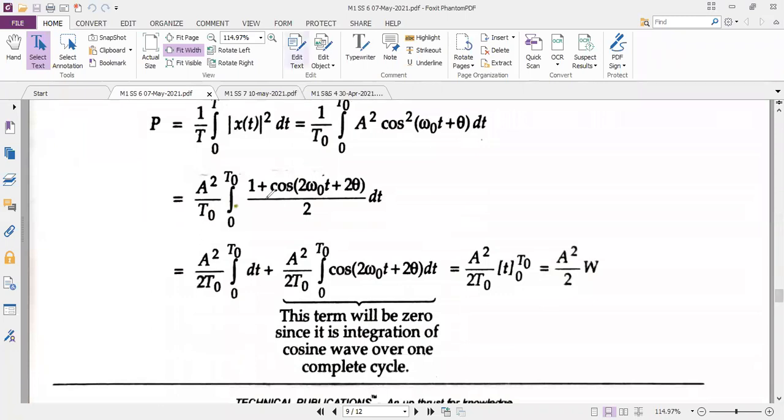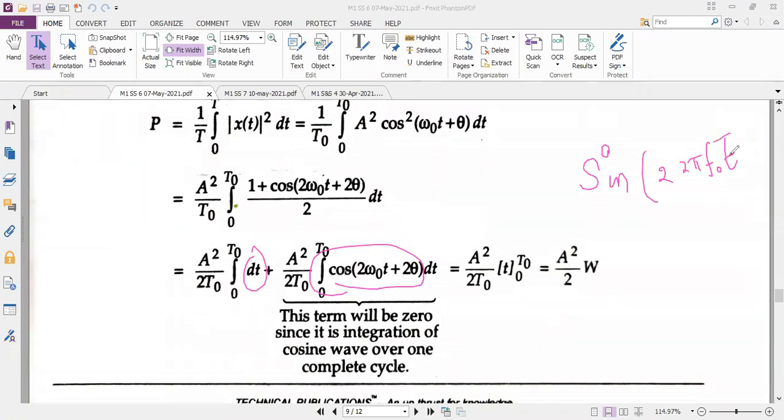Now the first step, the integration of dt, is very easy, but the second step, as I said in yesterday's class, is the integration of cos. If you integrate cos, you will get sine. The sine has inside 2 omega naught, which is nothing but 2 pi f naught into t. In place of t, you'll substitute the limit.